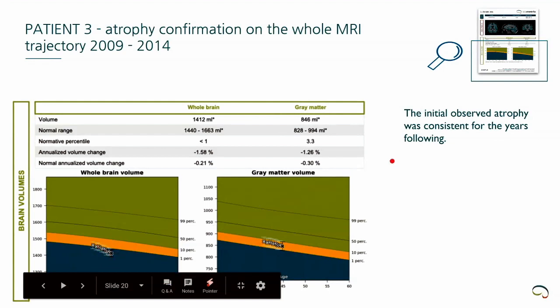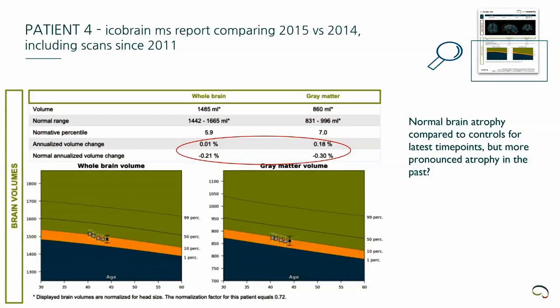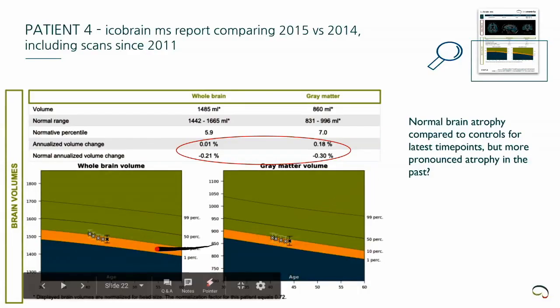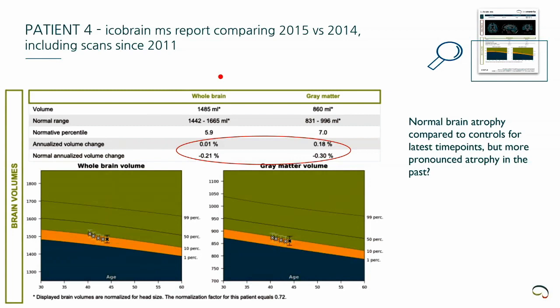And then we come to the fourth and last case study that we lined up for you tonight. And this is a young woman who was close to 40 at the time of the first measurement. And this measurement compares 2015 versus 2014.